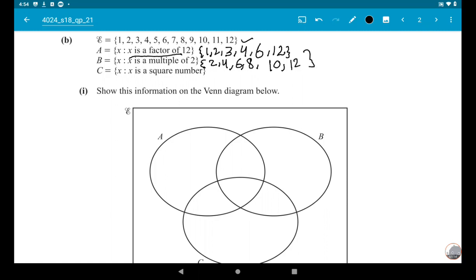Okay, so the next, C, is square numbers. So the square numbers in this universal set are 4 and 9.